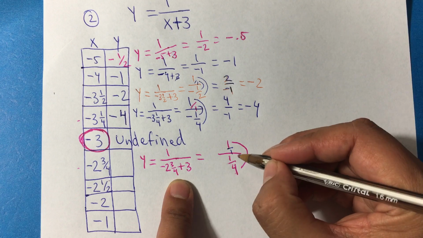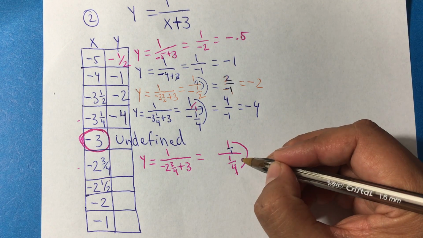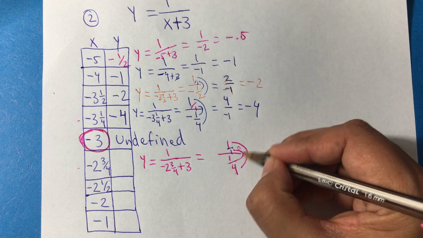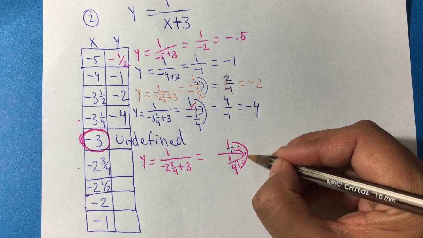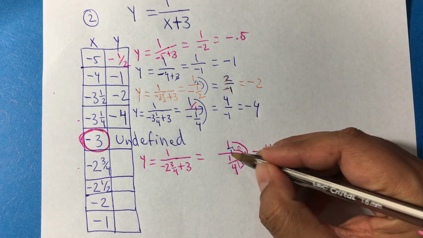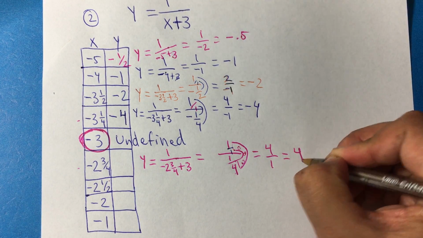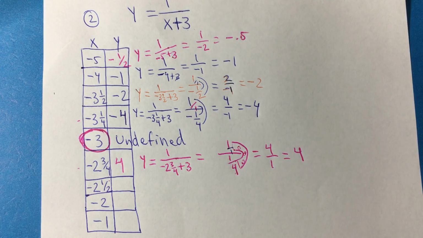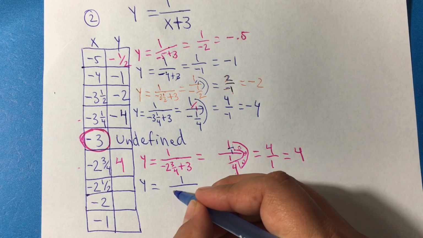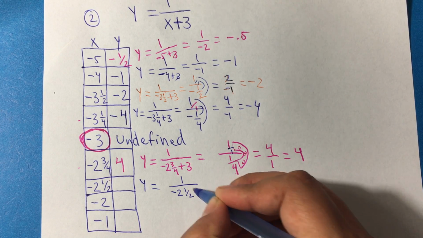When we're dividing, remember it's just the law of the shoe horse. This looks like a shoe horse. And the outer part, you just multiply. 1 times 4 is 4. 1 times 1 is 1. And 4 divided by 1 is 4. For the next one, y is equal to 1 divided by negative 2 and 1/2 plus 3.